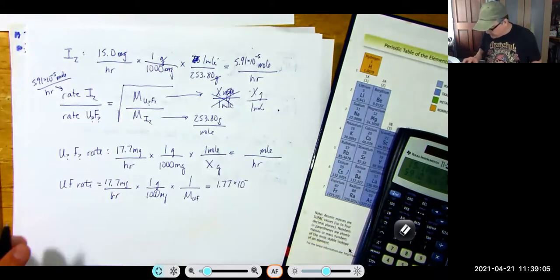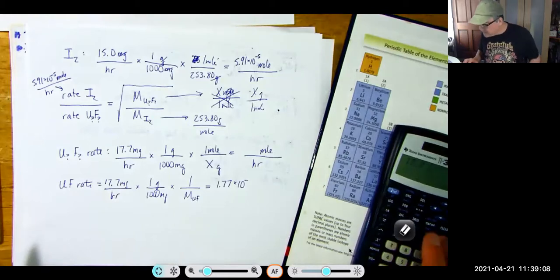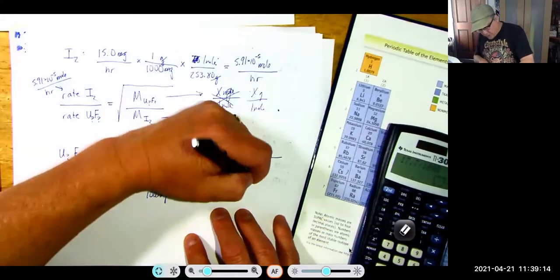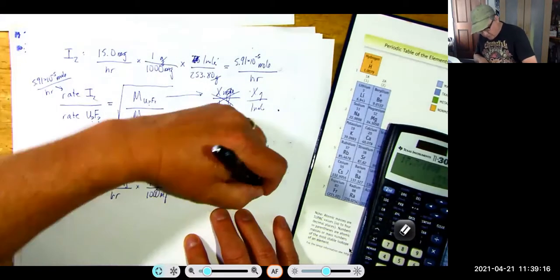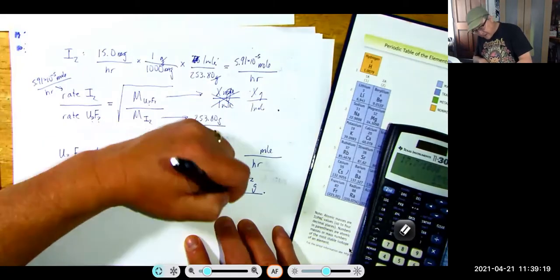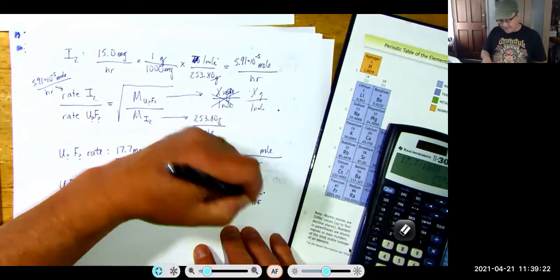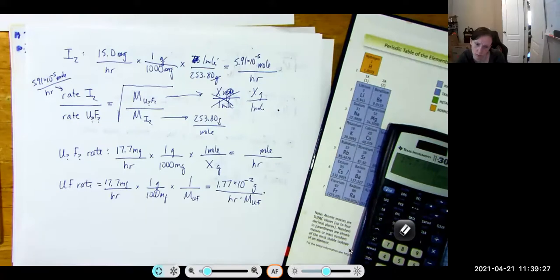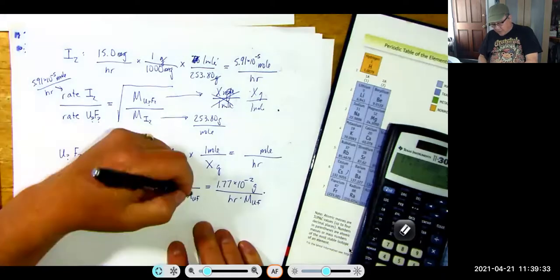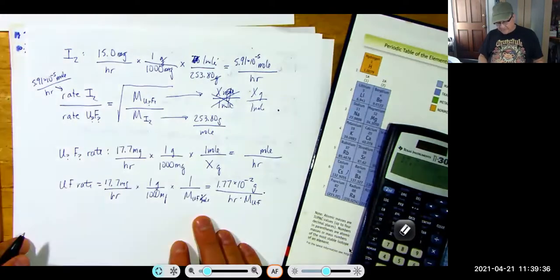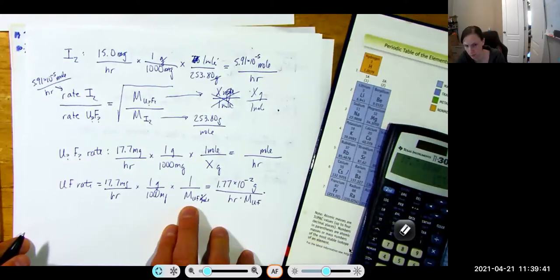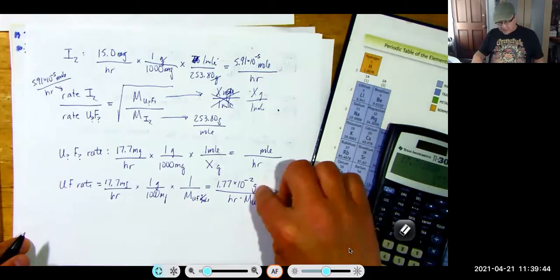I'm going to do it in my calculator. To the minus 2 grams per hour and divided by the molar mass of UF. Because that doesn't cancel with anything, does it? No. And actually, this is going to be grams per mole, right? Yeah. The molar mass. So I think I want to leave this gram here and leave that as molar mass.